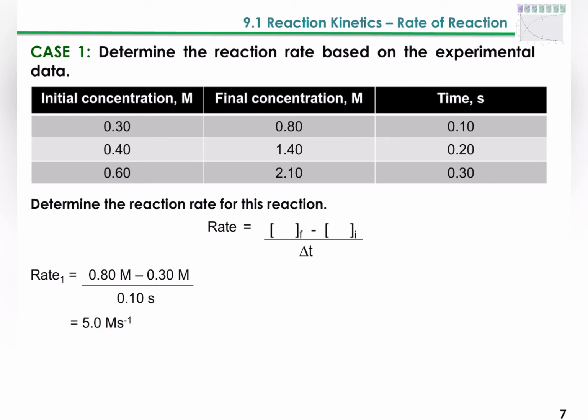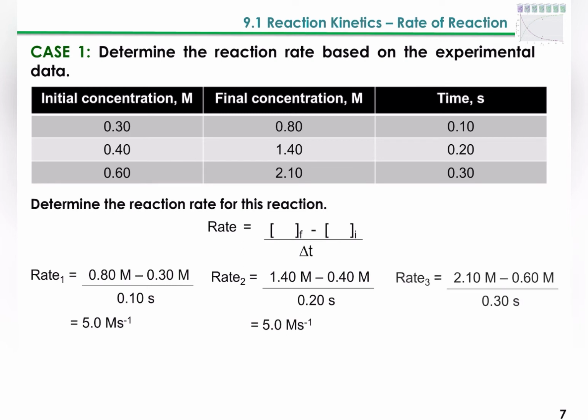Next one, the second experiment, the second round, rate 2 equals this value that I got from the second row. I put it in the formula. So my value for the rate of experiment 2 is 5.0 molar per second. And last one, the third round, rate 3, as given from the value above. So you will have 5.0 molar per second.